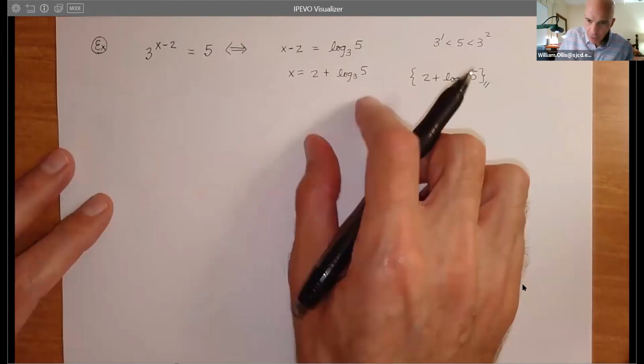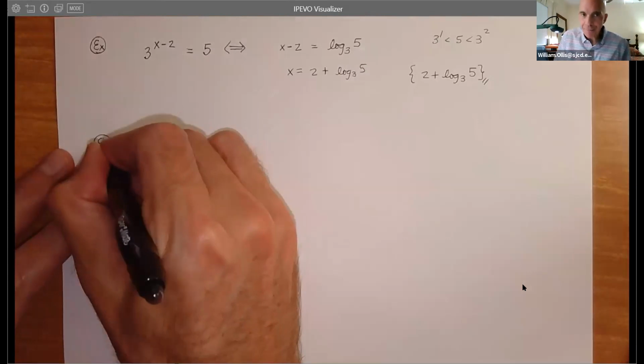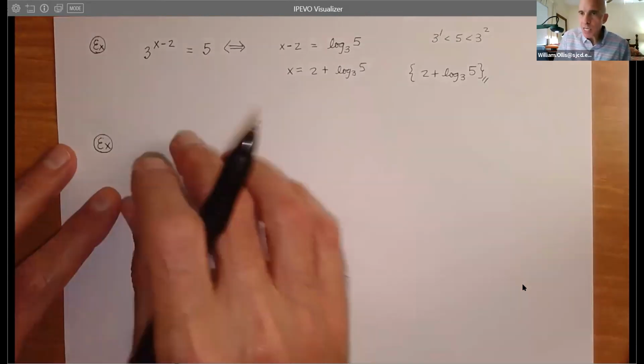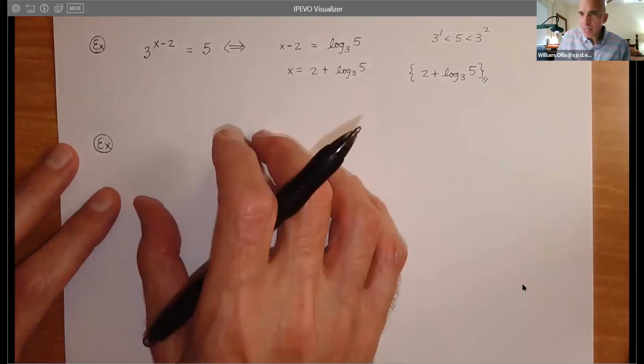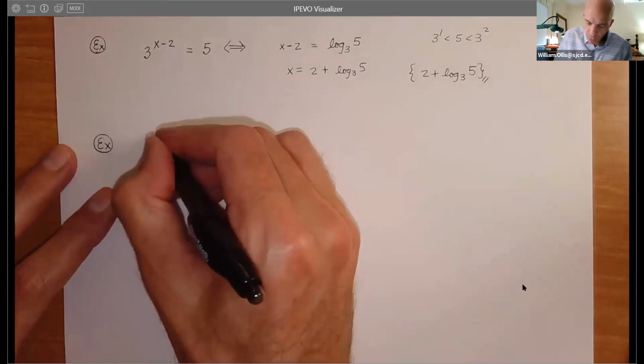Now, in closing, I want you to think about this for next time. For instance, what if I had 2 exponential functions that were set equal? How could I solve them? For instance, look at something like this. We're going to talk about the one-to-one property.